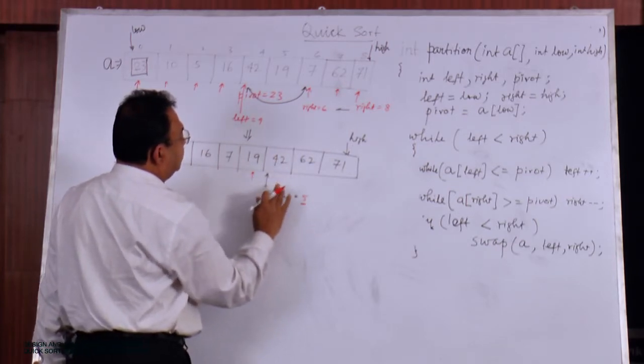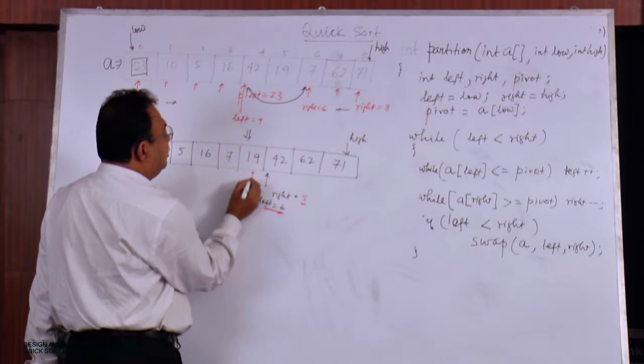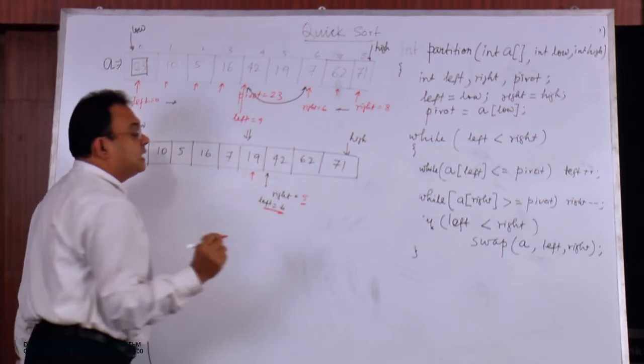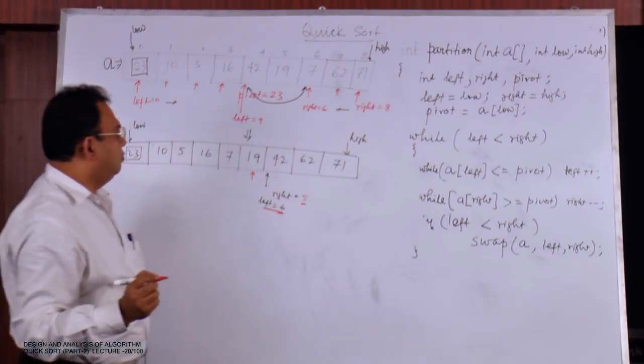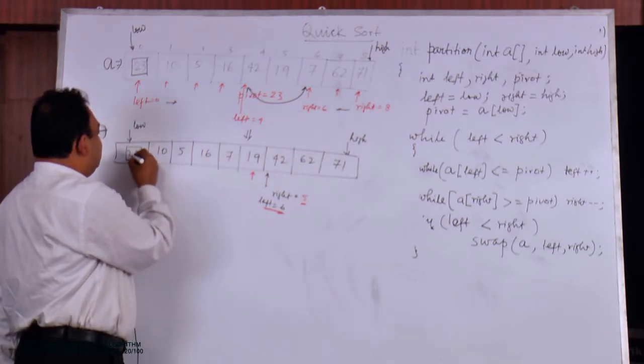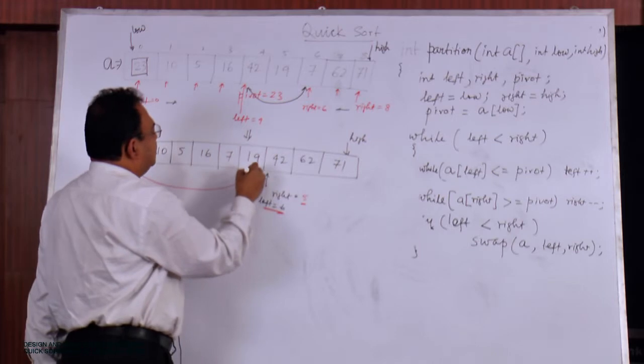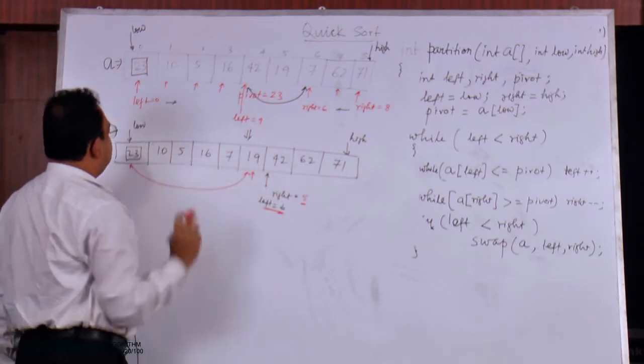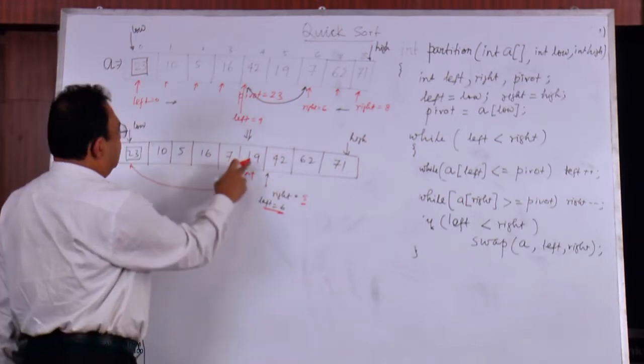In this situation, the position of right is the correct position of the pivot. So, you will interchange, you will bring the assumed pivot to its correct position. Now these two are interchanged.